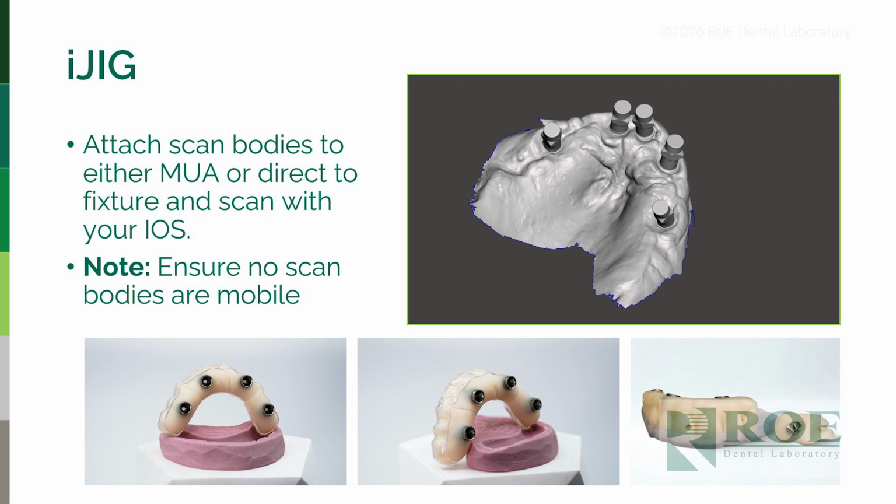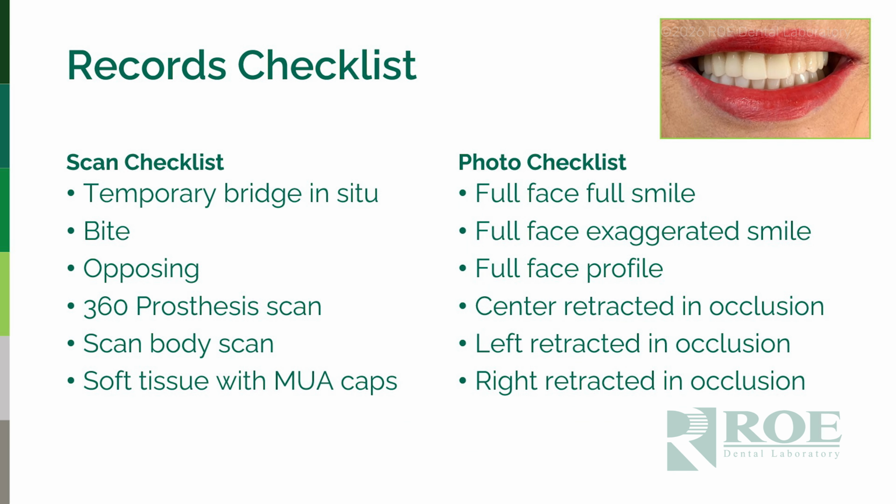And once we receive that scan with all the other scans I've talked about, we will then be able to digitally create this iJig, which comes out to you in a little jig, which you can then screw into the mouth, lute it together, adjust the bite, make any changes that you want, and then send that back to the lab.